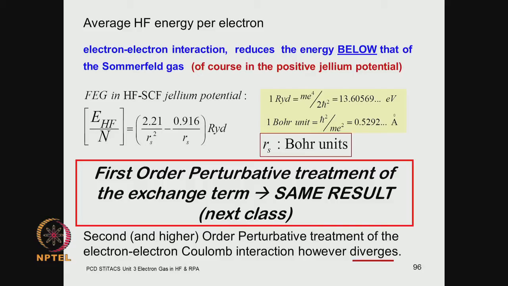But if you do second order and higher order corrections according to perturbation theory, then the perturbation series does not converge. What happens is that the electron-electron Coulomb interaction term gives you a divergence. So up to first order there is no problem, but second order and beyond you start getting divergence.